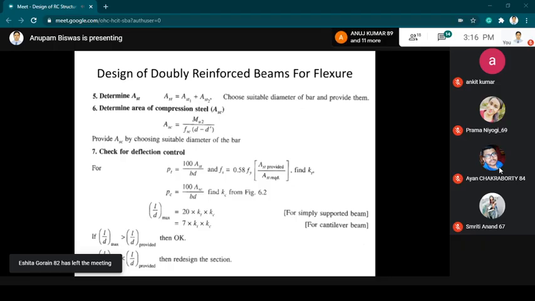is to check for deflection, for the control of deflection. It is similar to the previous problem, as discussed previously.